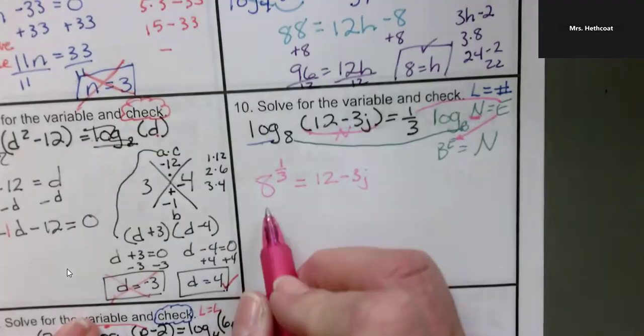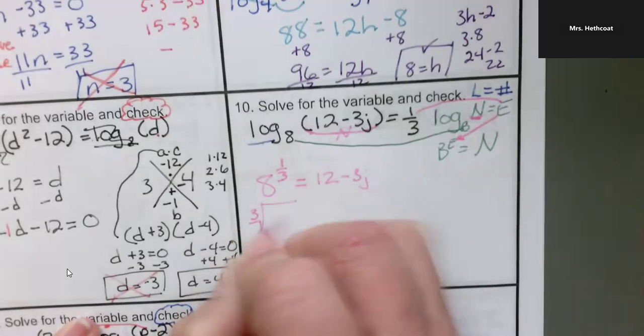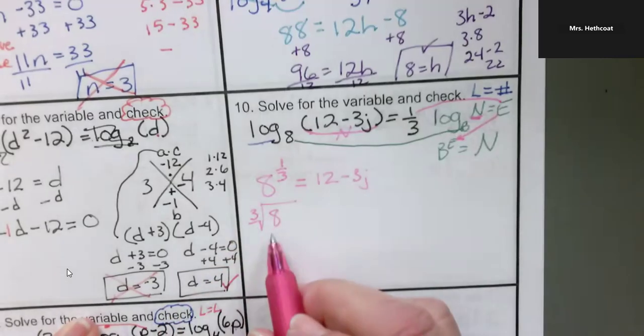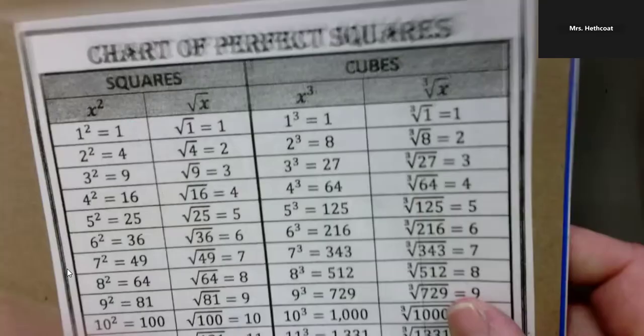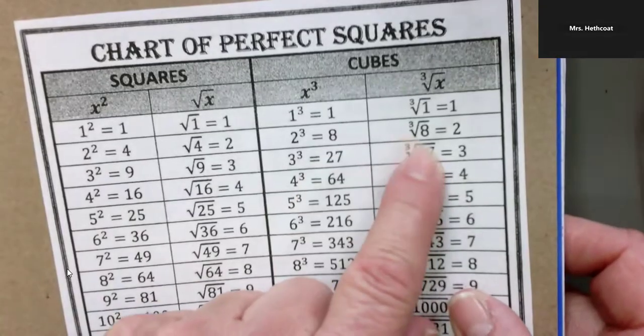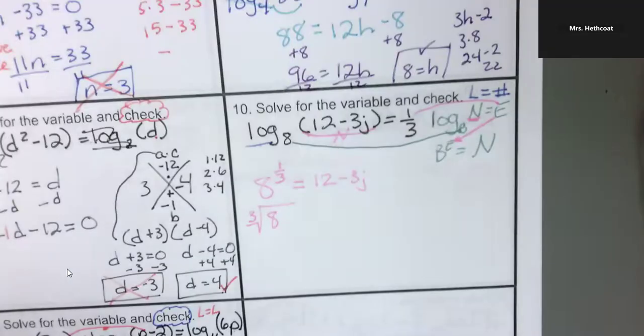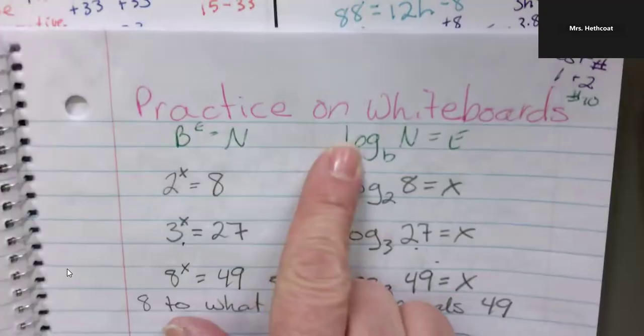So the 1/3 can be done as a radical sign, so we can do what is the cube root of 8. If you don't know, then you would want to look at the back of your notes, right? Back of my notes has the cube root of 8 equals 2. We also sort of have it in our notes on this page, the page that we wrote practice on whiteboards.